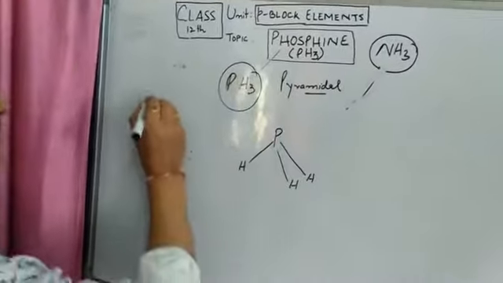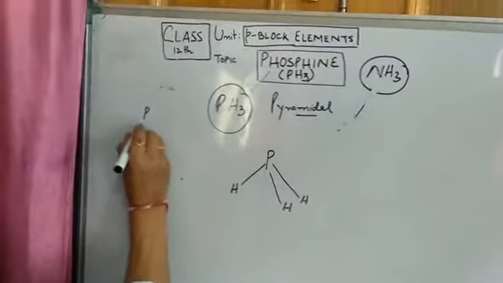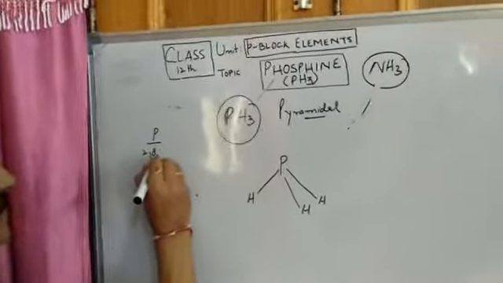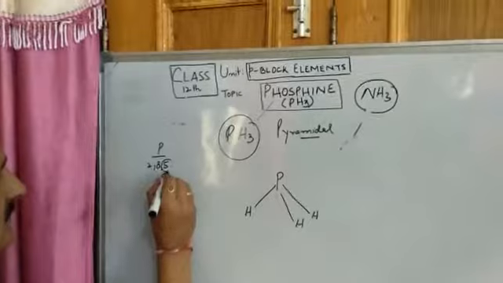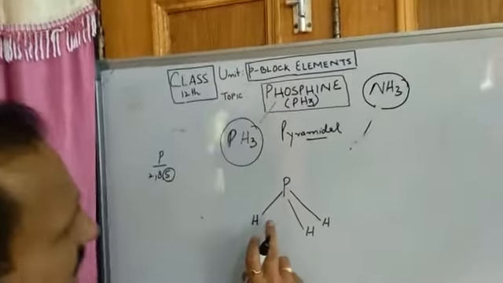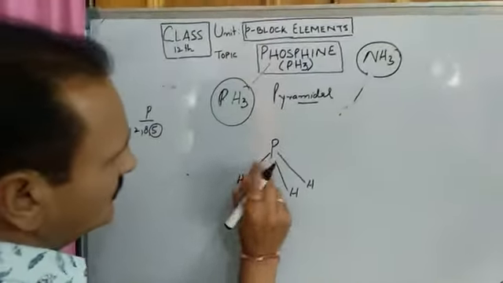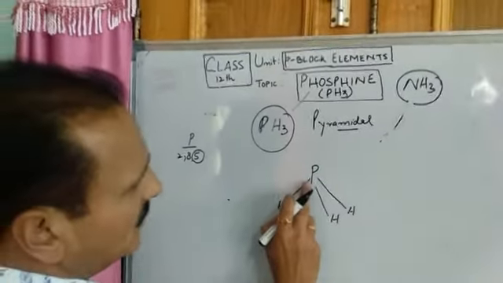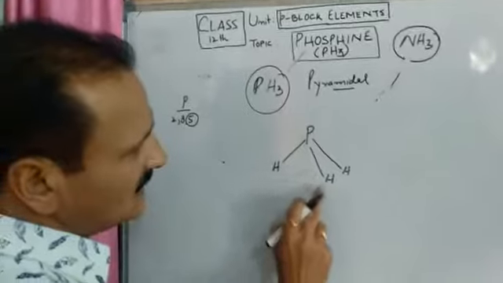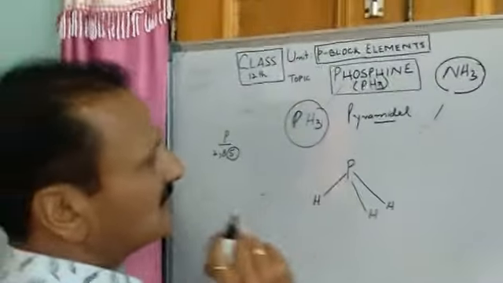Now you know phosphorus has atomic number 15 and electronic configuration 2, 8, 5. Now how many valence electrons does it have? These 5. Now if we look at its structure, this is 1, 2 and 3. So it has 3 valence electrons forming a covalent bond with each of the 3 hydrogen atoms.